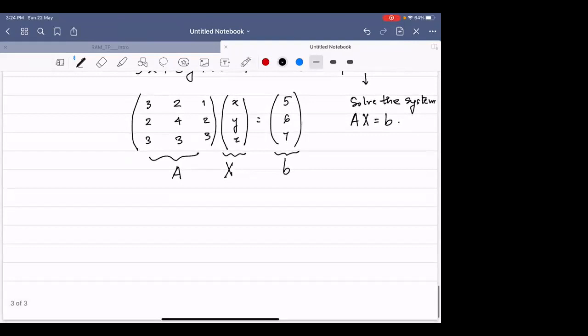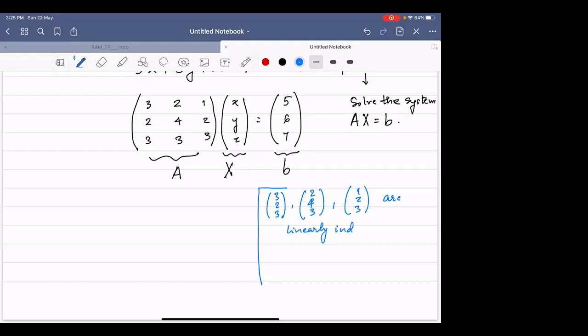Okay, so now you can do this check independently. I'm not going to check this for you; this is maybe an exercise for you. This column, 3, 2, 3, and this column. These three columns you can check are linearly independent.